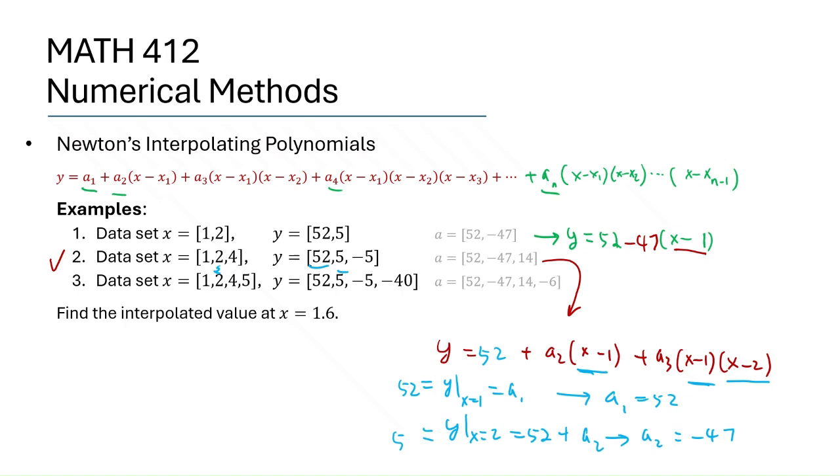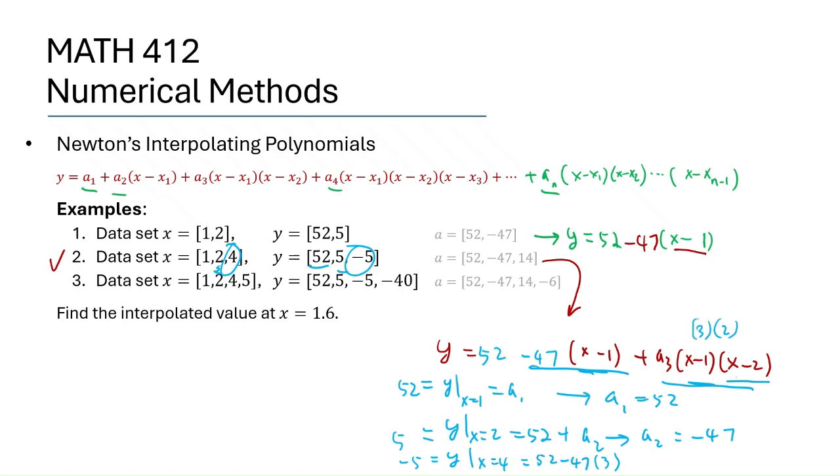Now how about a3? So this is negative 47. Now evaluate at the last point, x is 4. We know y's value is negative 5. So it's 52 minus 47 times 4 minus 1, which is 3. And this term is how much? x is 4, 4 minus 1 is 3, 4 minus 2 is 2.